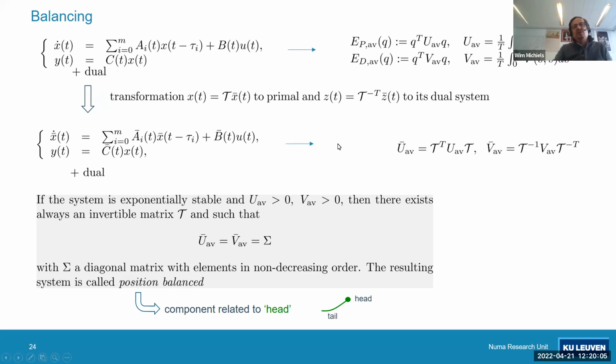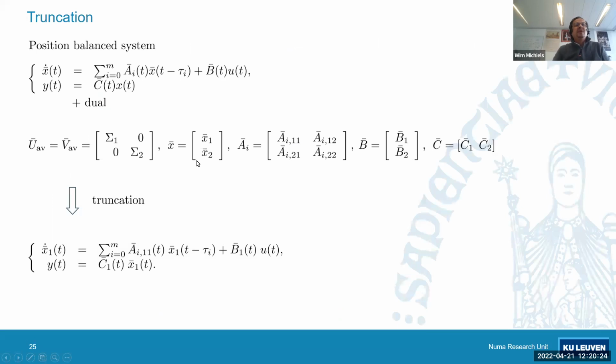And why do we do this? Why do we only balance part of the infinite dimensional Gramians? Because we want to preserve the structure. If you would do truncation at the infinite dimensional linear level, then you will end up with a standard ODE. So what's the whole idea about truncation? I do the transformation in such a way that all these energy-related quantities, observability and controllability averaged, are equal to each other on the diagonal.